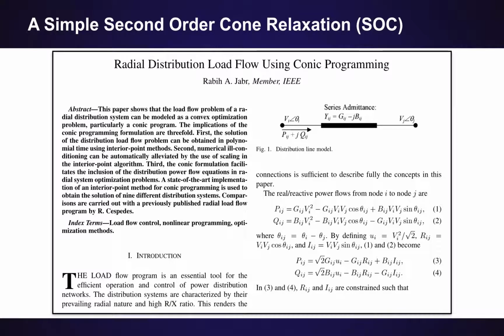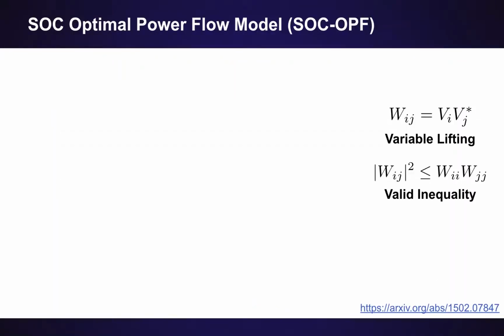What we're going to use as an example and as a basis for this work is a very simple second-order cone relaxation, which is one of the oldest relaxations to be proposed. And the key idea here is that we can lift variables, this Vi, Vj product, into a new variable. We'll call it Wij, and then introduce a valid inequality, which is that the magnitude, the absolute square of W, is less than or equal to the product of these two other W variables.